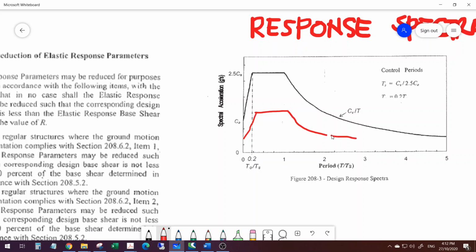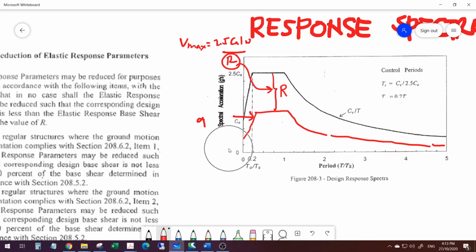So I'll just exaggerate the drawing. Because we introduced the R, as I've been explaining before, remember in the formula V max is 2.5 Ca IW over R. That R introduction is this. So essentially, this response spectra is reduced, and therefore your acceleration is also reduced. So we are actually using a reduced base shear in our building.